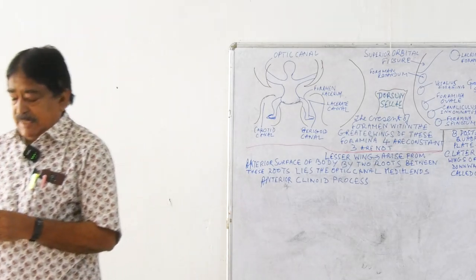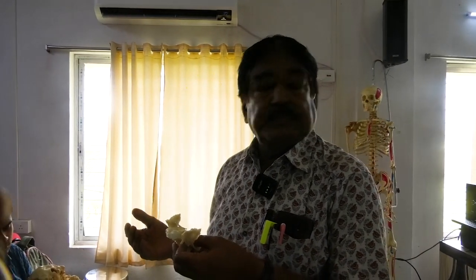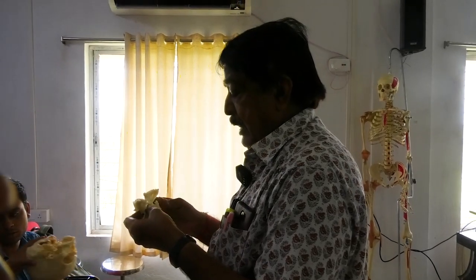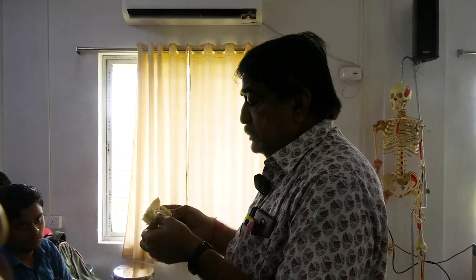Now, one thing is that you see it has a superior surface, inferior surface, anterior surface and posterior surface. This is the posterior surface. This articulates with the occipital bone.